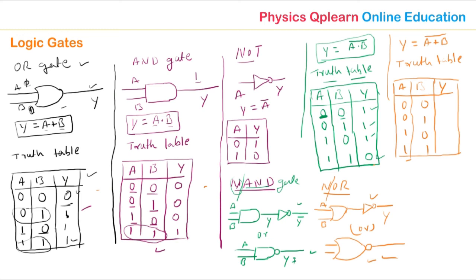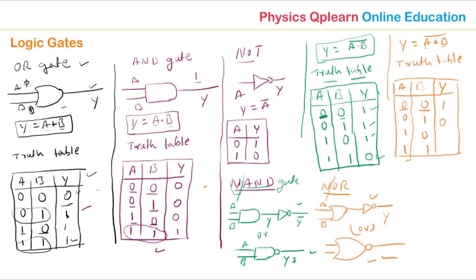Now you think, when input A is 0 and B is 0, what about the output? Here in that formula substitute A is 0, B is 0, 0 plus 0 is 0, due to the bar 0 will become reversed, so that will become 1. Next, A is 0, B is 1, 0 plus 1 is 1, due to the bar this will become 0. Clear?